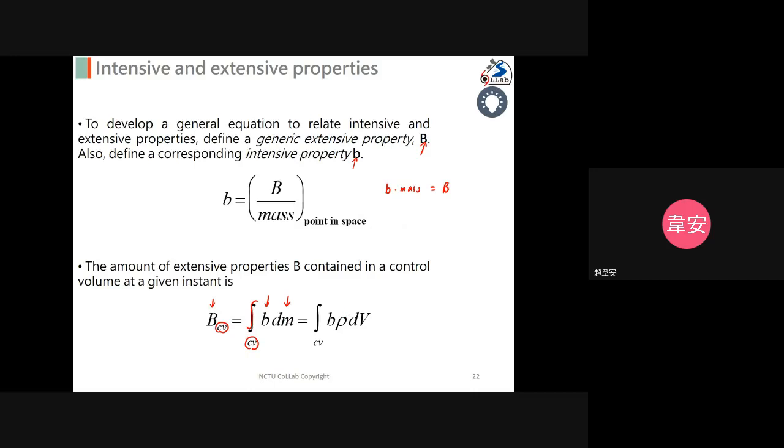And you see dm, the small mass, is equal to rho multiplied by dV, the volume. So we can define the extensive property in the control volume following this formula.